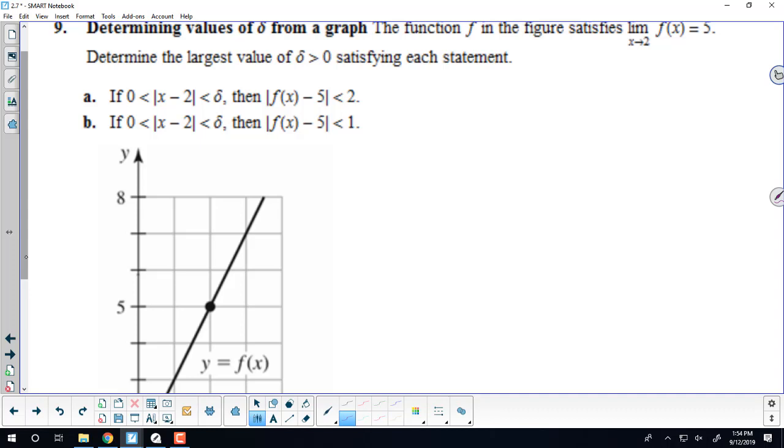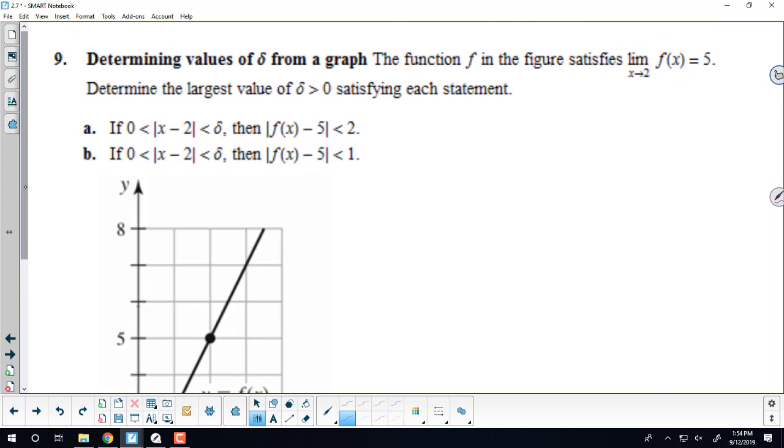So we have some function f that satisfies the limit as x approaches 2 of that function is 5. It says determine the largest value of delta satisfying each statement. I think it's really helpful to at least look at all of this and make sense. What is a in terms of the limit statement?